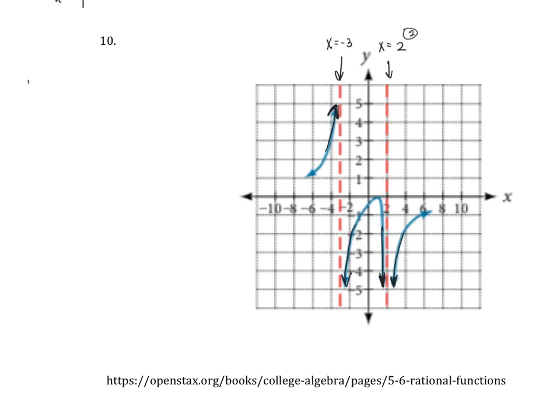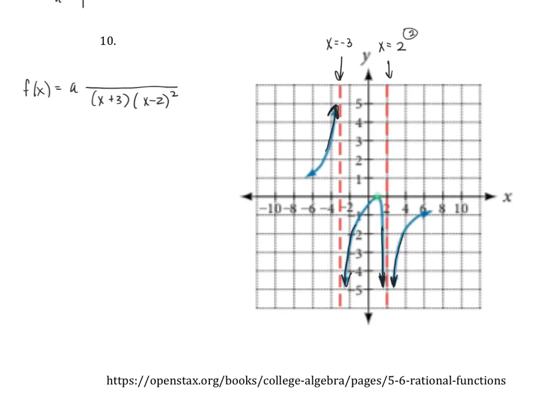So we're going to have f of x equals a. Remember the asymptotes, these vertical asymptotes give you the denominator. So (x plus 3) and then (x minus 2) squared. Okay, so now to find the numerator, we're going to be looking for the x-intercepts. So if I'm looking for the x-intercept, I notice that it crosses right here.